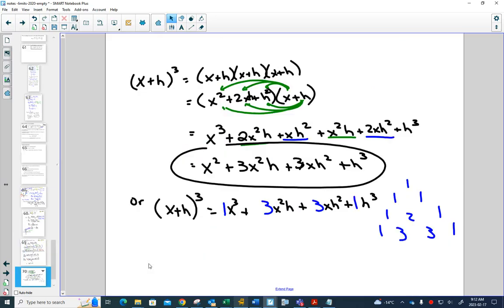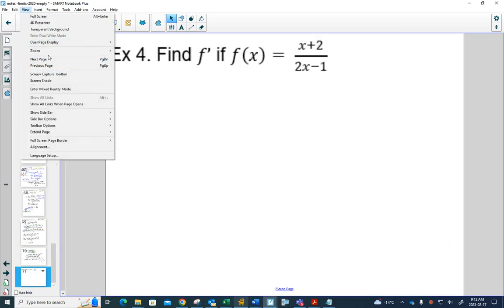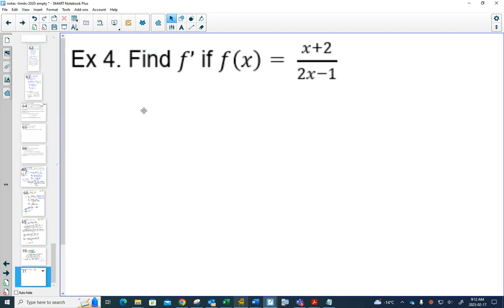All right, one more example to go. This one would take a little bit longer with a shortcut. This one's going to take us 10 minutes, and we'd only probably shave off 9.5 minutes, it would still take us 30 seconds. But here we go. F prime of x.